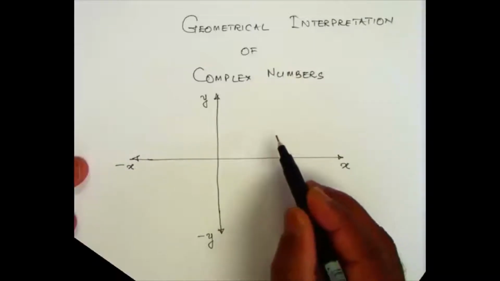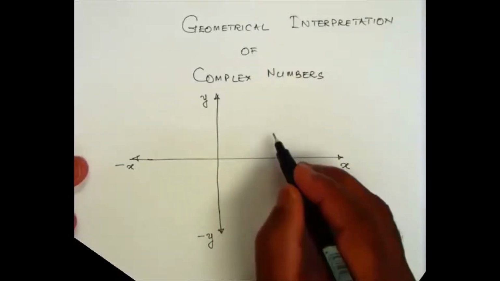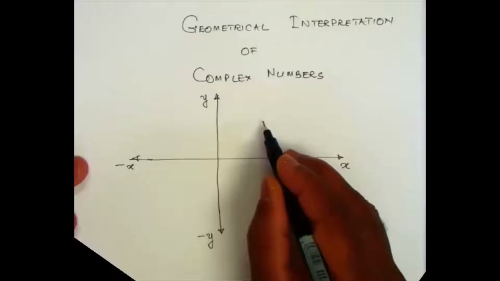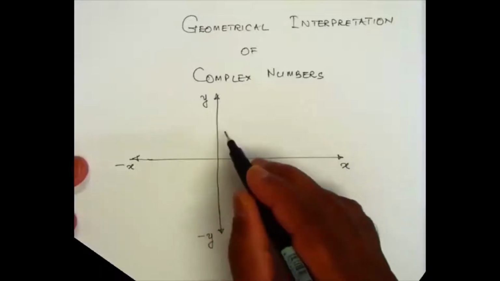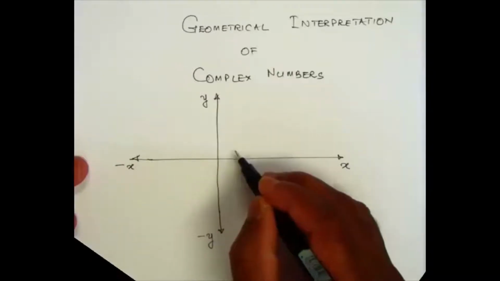Now any number here or any point here can be interpreted in terms of x and y.